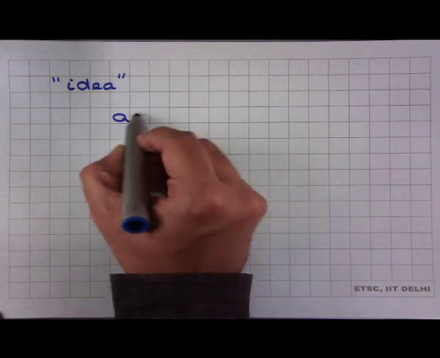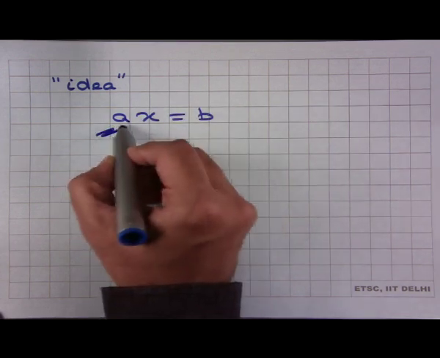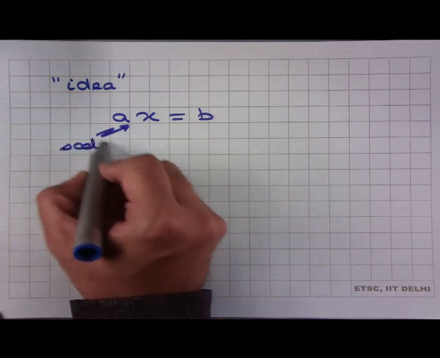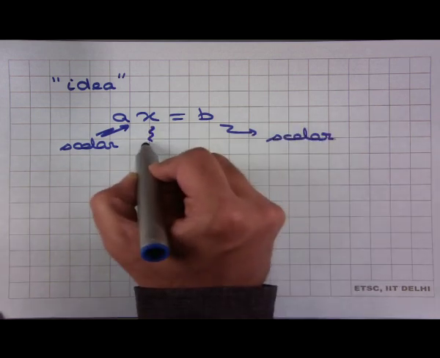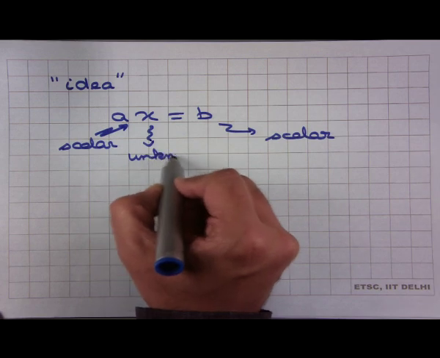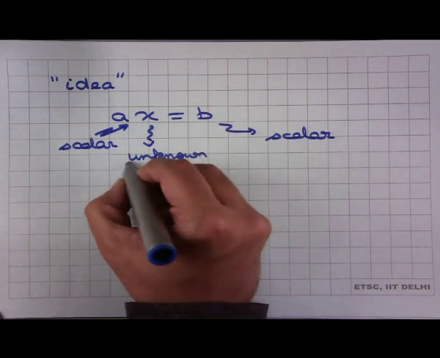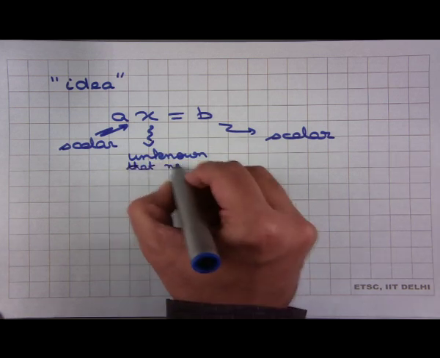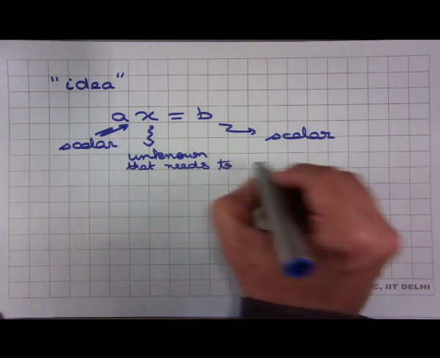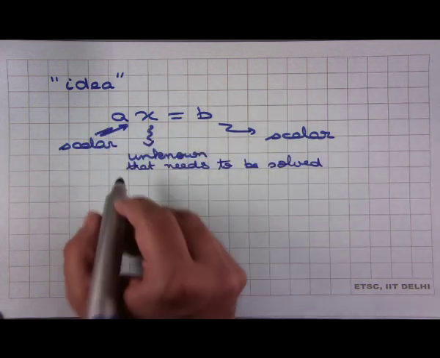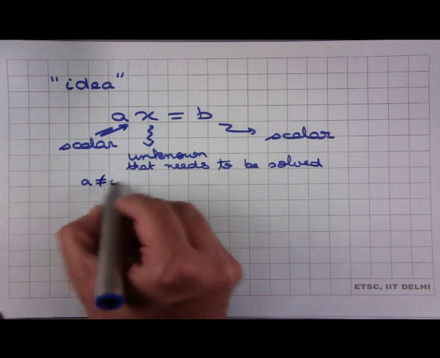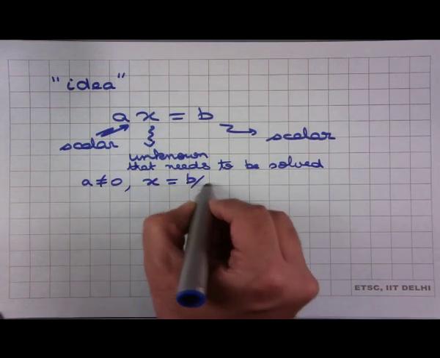Just to write that down, we may have previously encountered equations like Ax equal to b, where A may be some scalar, b also is a scalar, and x is an unknown that needs to be solved for, and because these are all scalar values, we can say okay, if A is not equal to 0, then x equal to b by a.